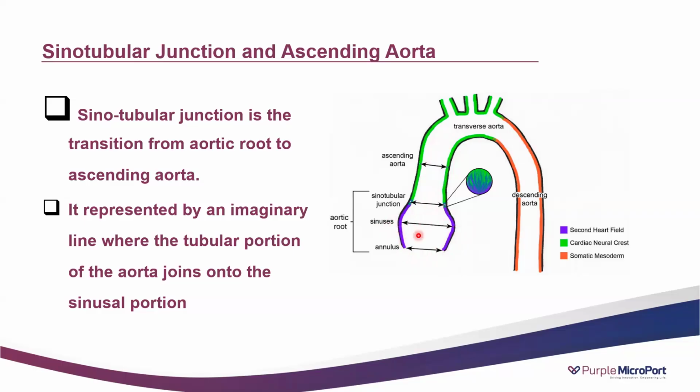So this is the widest portion of the aorta, which is why it has to be bigger than your annulus size. If it is less, there are different techniques and methods, but I don't want to confuse people. As of now, remember that the sinus of Valsalva has to be 2 mm more than the annulus size.